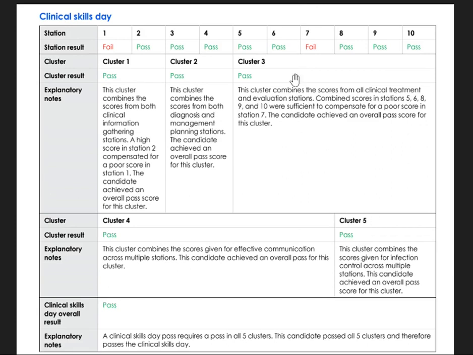Now, infection control is judged during the 4 technical OSCEs, which are stations 7, 8, 9, and 10, as well as the technical skills day, the entire day of the technical, where you need to perform 3 restoration-based tasks and 3 preparation-based tasks. So the candidate did well and didn't have any violations with respect to infection control, so he passed cluster 5, which is infection control, as well. So overall, on the clinical skills day, the candidate did well and passed all the 5 clusters. So he passed the clinical skills day as a whole.